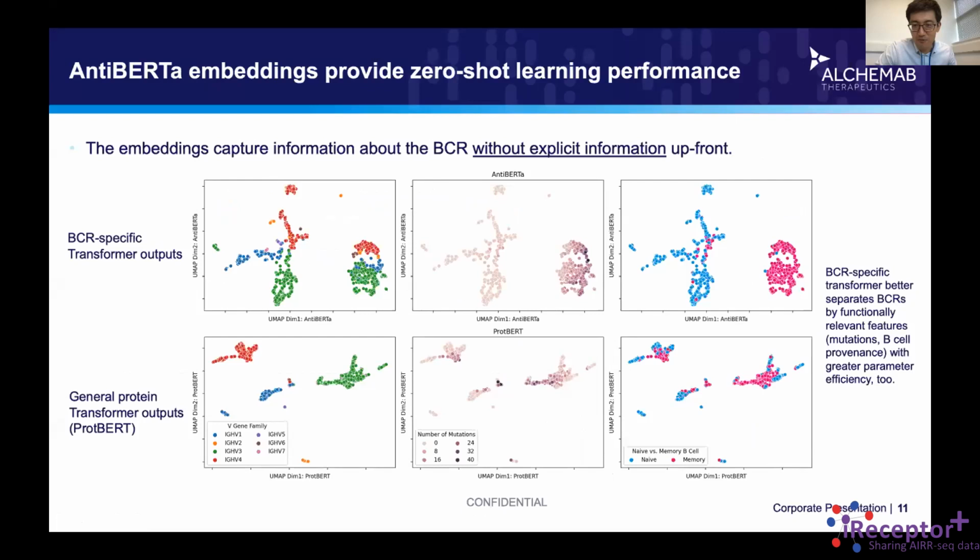Isn't it a bit obvious that you cluster by V genes because they are different per se, or that you cluster by mutations, because they're mutated and non-mutated, and they're also a bit confounded? Memory B cells are mutated, naive B cells are not mutated. So these labels are not orthogonal to one another. What would you say to that? Yeah. Oh, well, thank you, Devil.